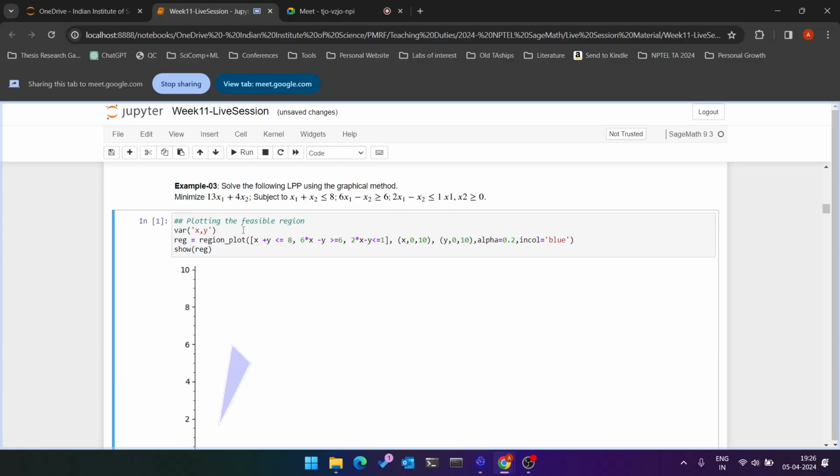So we'll be first plotting the feasible region. Variables x comma y, we specify them as is a good practice. Next we'll be using a region plot where x plus y is less or equal to 8, 6x minus y is greater or equal to 6, and 2x minus y is less or equal to 1, and x and y vary from 0 to 10.